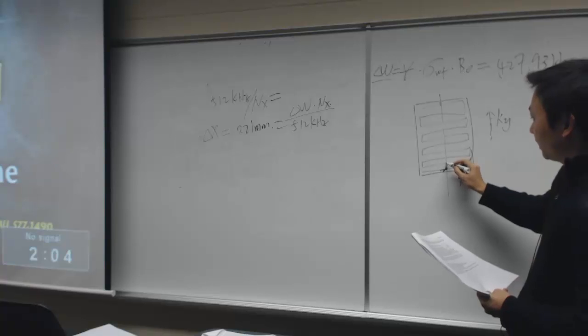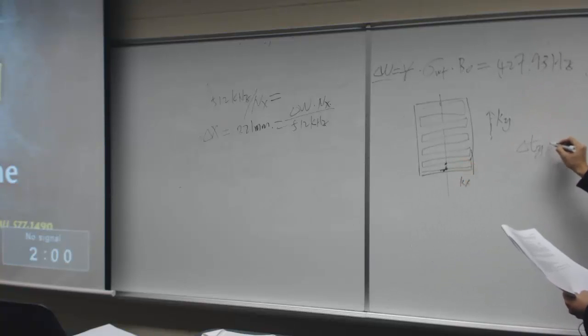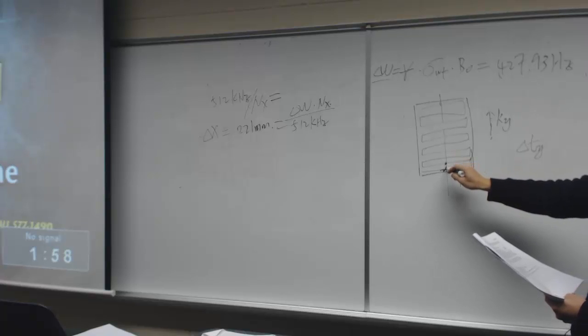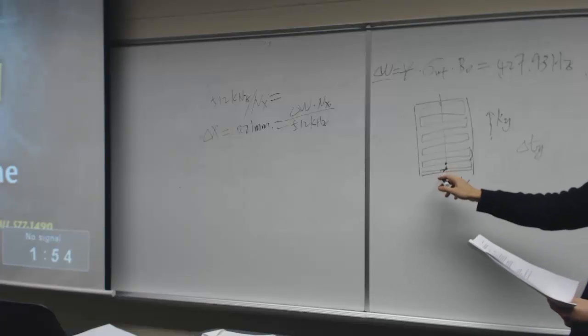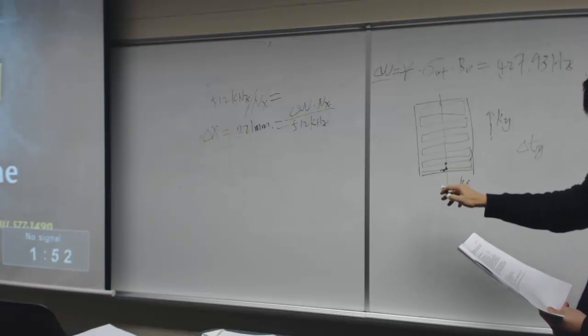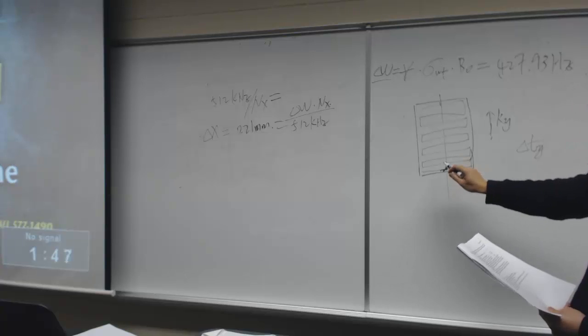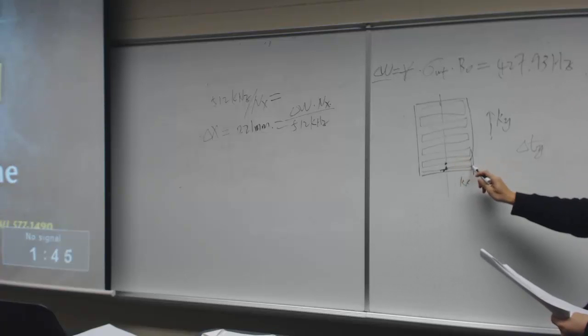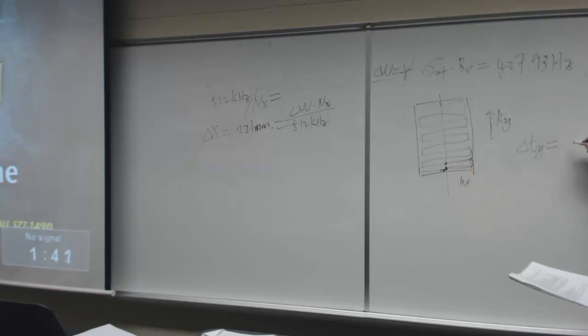So the delta t y between these two echo centers, how long is that? The time of readout. Yes, because it's half the readout here and half the readout here. So that means it's Nx, the time of readout, which is Nx delta t.